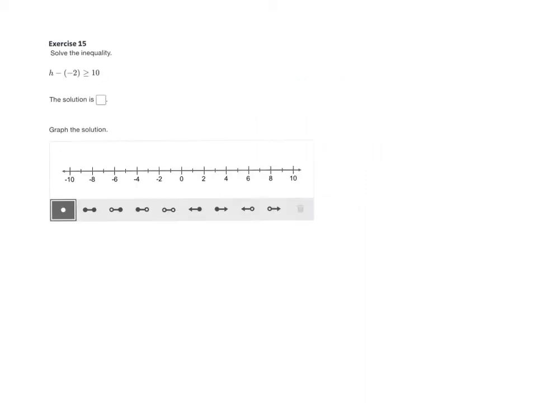Problem number 15, I've got h minus a negative 2 is greater than or equal to 10. I'm going to change that. The way that I change that is I make it a big plus sign. Wherever I see subtracting a negative, you can do it as keep flip change, however you want to remember it.